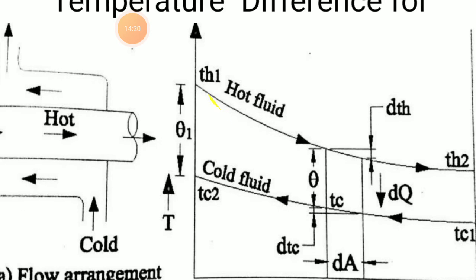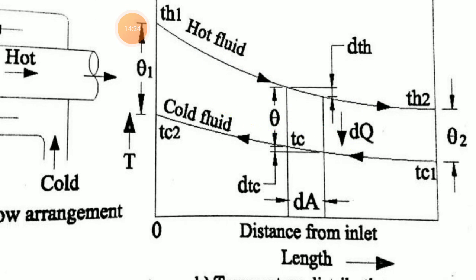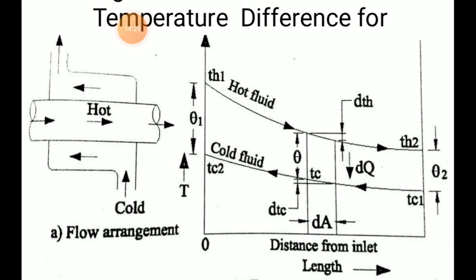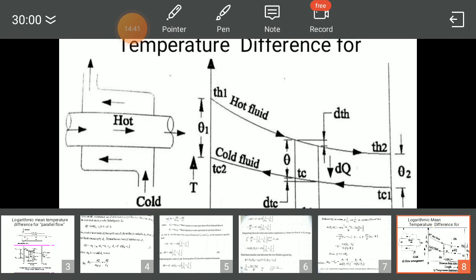But as the cold fluid flows through the outer region in the opposite direction, its temperature changes with respect to this. So this will be our theta 1, and this will be our theta 2.